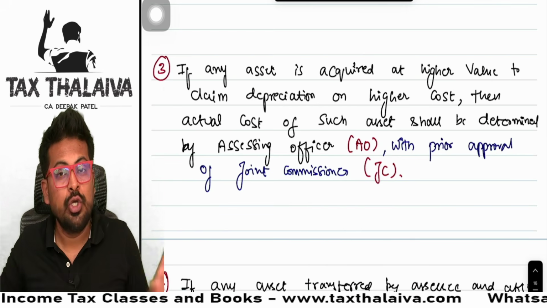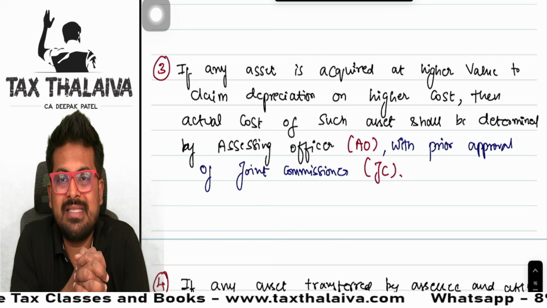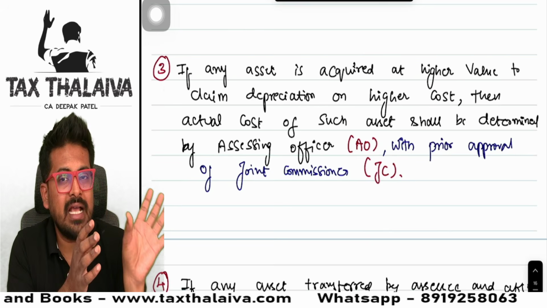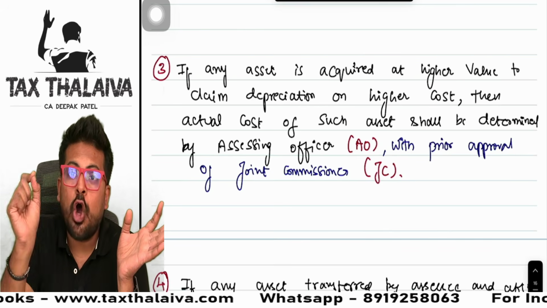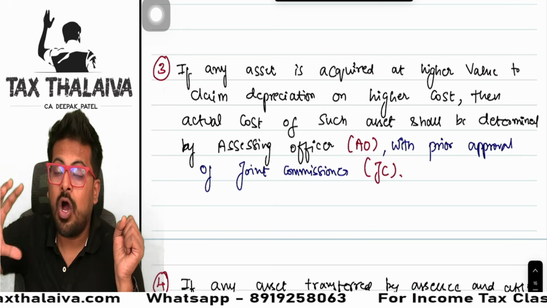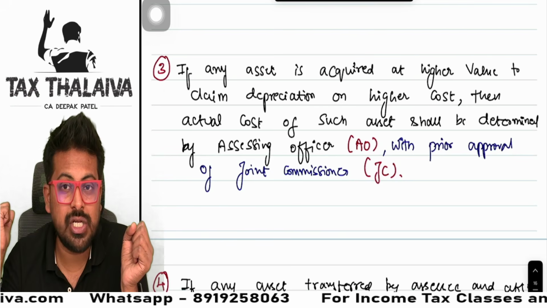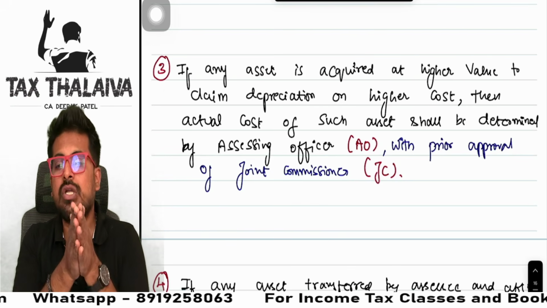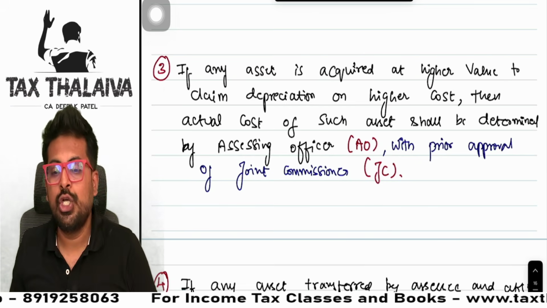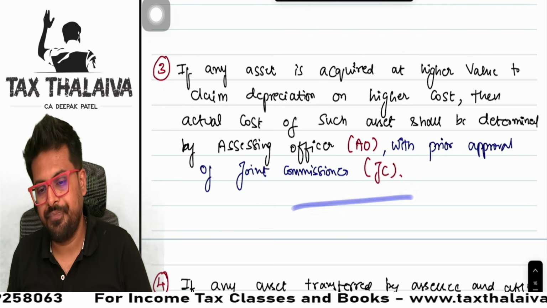This is only a book entry. You are not actually paying 1 crore to the seller. The seller is also a known party to you. You are purchasing 10 lakhs worth of asset on papers for 1 crore, and on the higher amount you start claiming the depreciation. In that case, the cost of the asset will be decided by the assessing officer with the prior approval of the joint commissioner, guys.